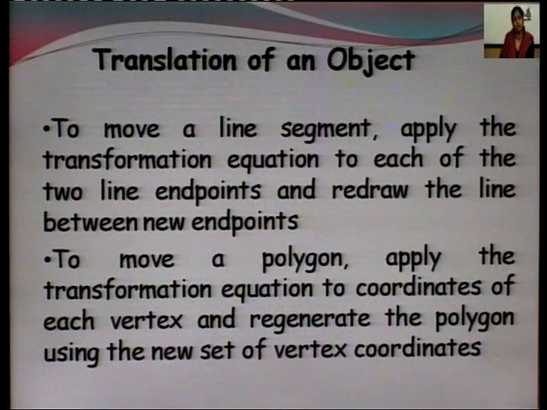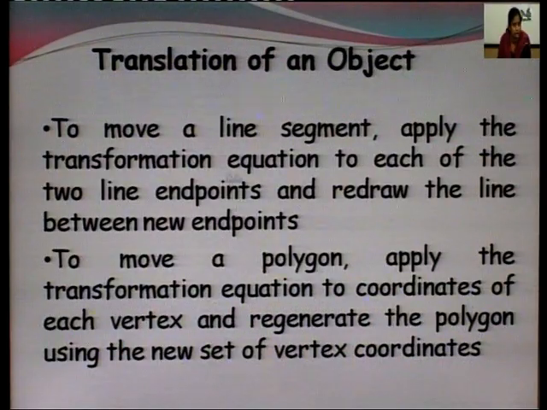Now this was all about the translation of a point, but ultimately a scene has basic structures, basic primitives like line, polygon, circle, ellipse or other complex shapes. So we want to perform the same transformation on an object. How to apply translation on an object?